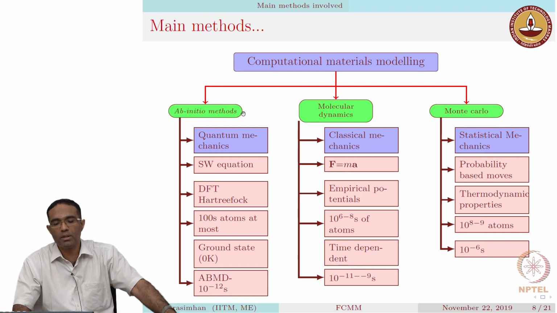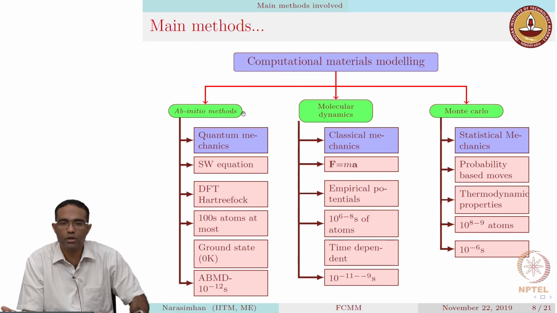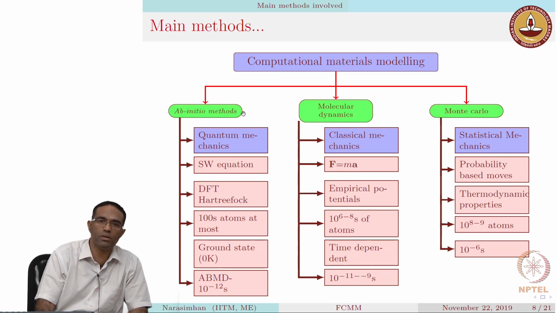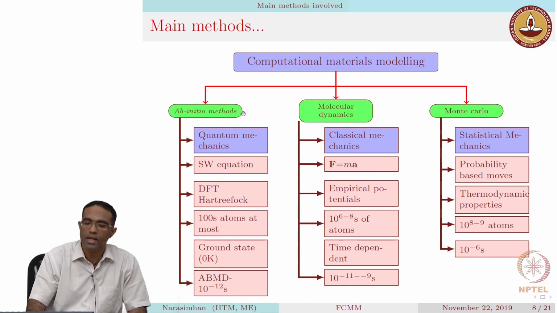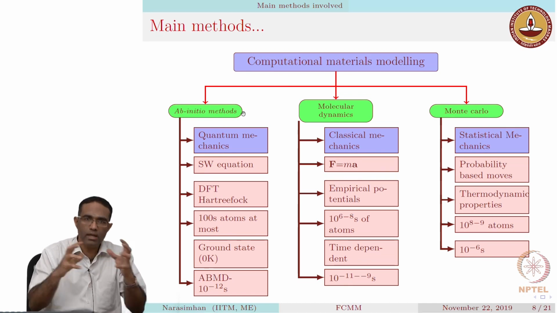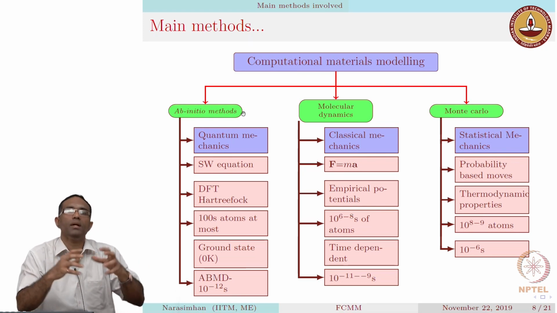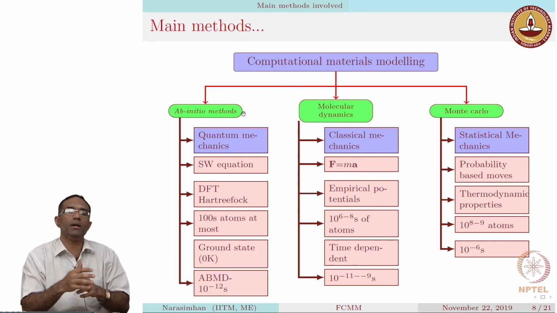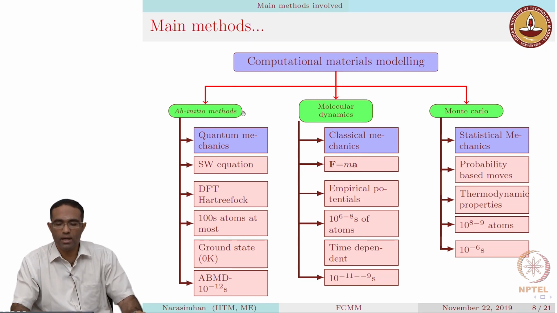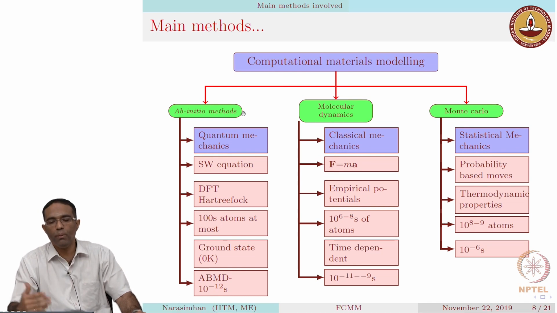And there are methods which combine a little bit of molecular dynamics simulations and ab initio methods, called ab initio molecular dynamics. There, since the temperature is not 0 K and there is some finite temperature, the atoms oscillate about their mean positions, and it is possible to deal with time scales on the order of a few picoseconds.